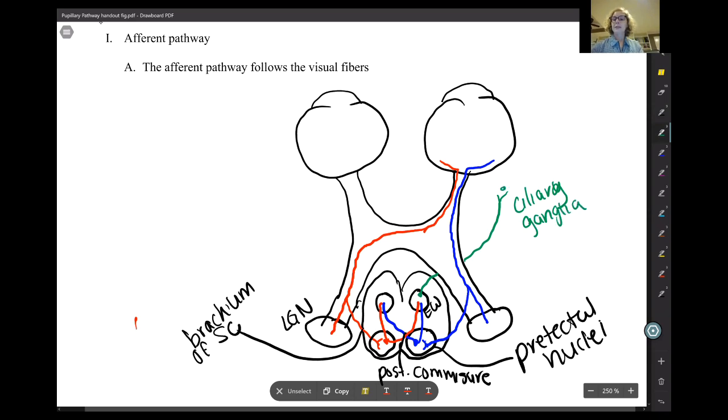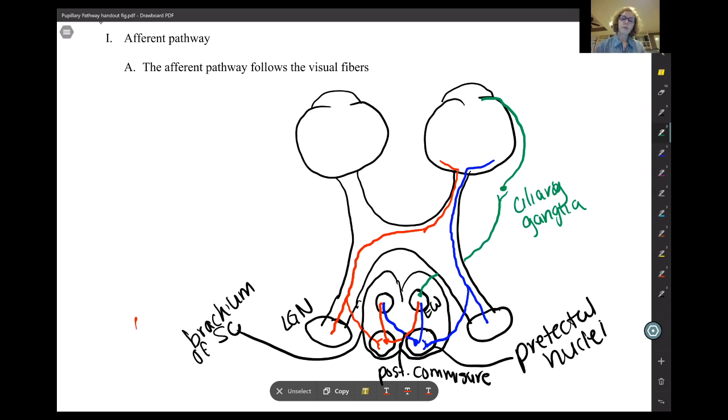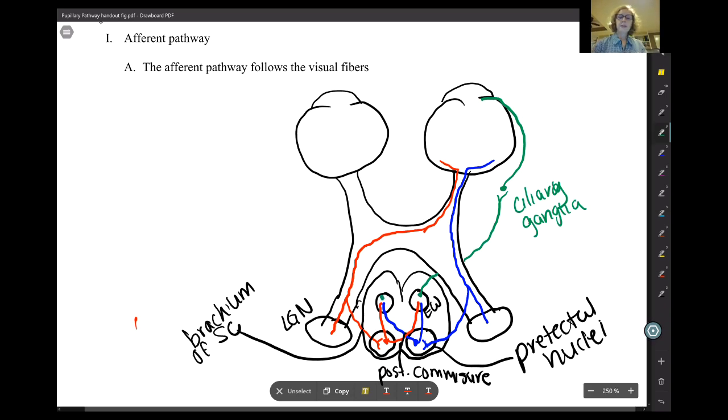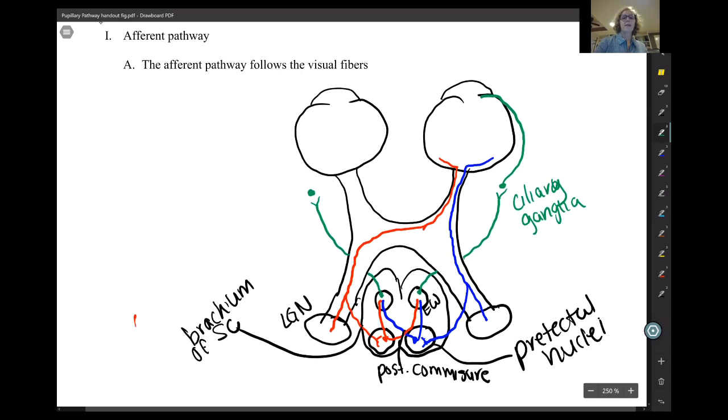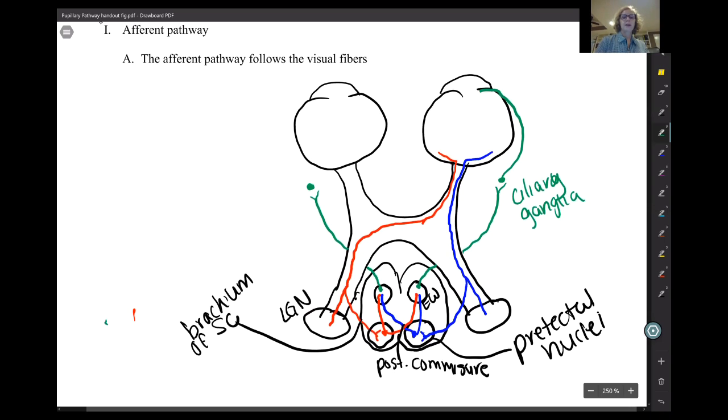And then it synapses, because these are parasympathetic fibers, and then follows the short ciliary nerves up to the iris sphincter. Same thing happens on the other side. Edinger-Westphal preganglionic cells synapse in the ciliary ganglia and then follow the short ciliary nerves up to the iris sphincter.